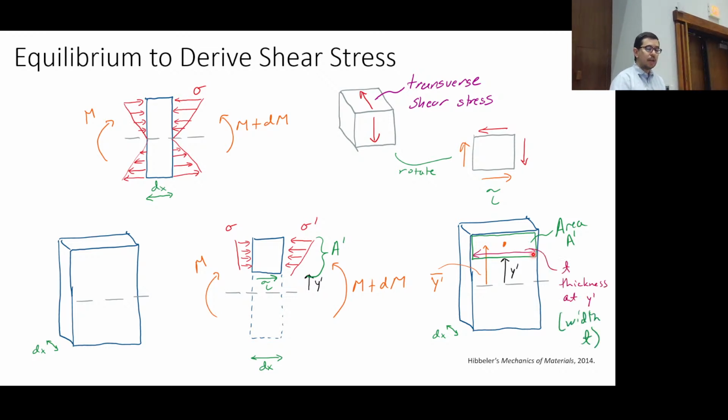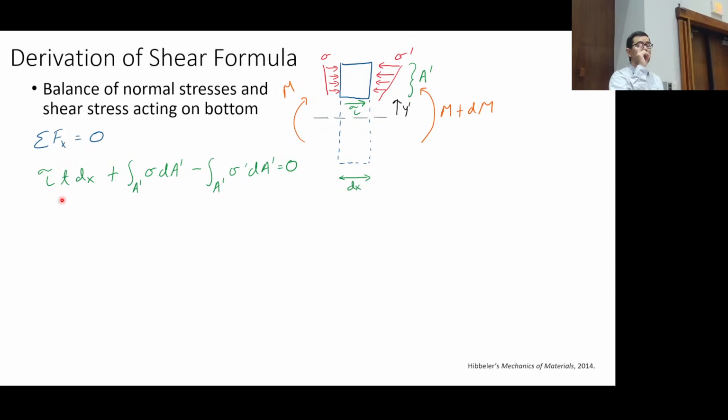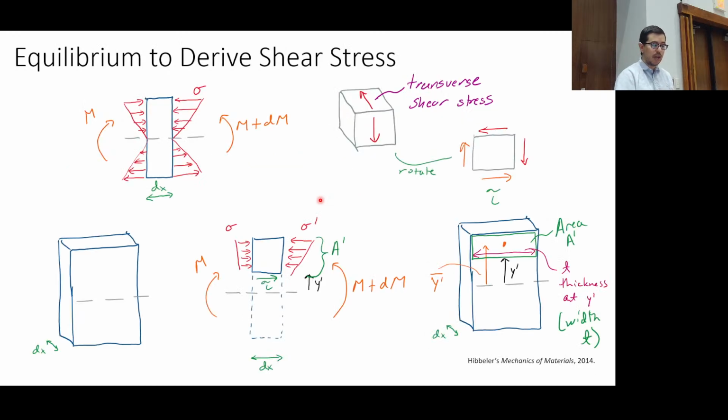Now let's do the equilibrium. We're going to look at the balance of the normal stresses and the shear stress acting on the bottom. This is the shear stress acting on the bottom. We'll say that we have shear stress times the width, which is t, not the thickness, times dx, the very short length. If we go back, t is the width.